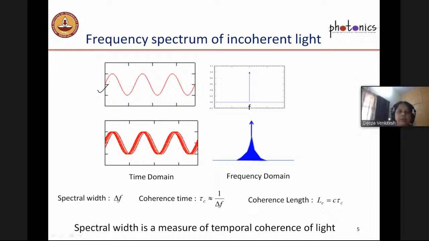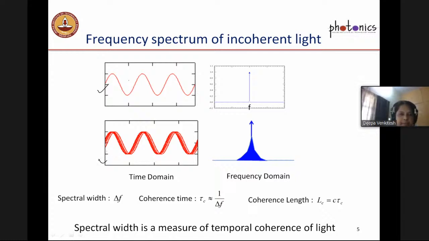If you actually do a Fourier transform, you have a positive frequency and a negative frequency, but I'm talking only about the positive frequency. And we know that the Fourier transform of a sine wave is a delta function, which means that it has only one frequency associated with it. That's a way to physically understand that. And that frequency is decided by the number of cycles per second and so on.